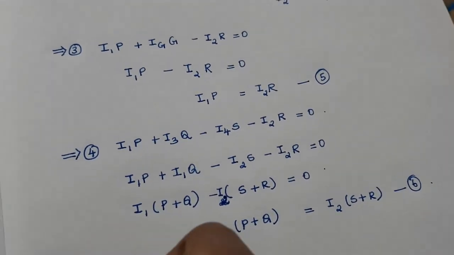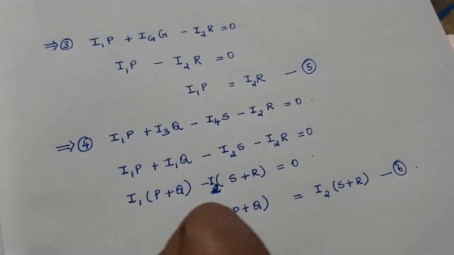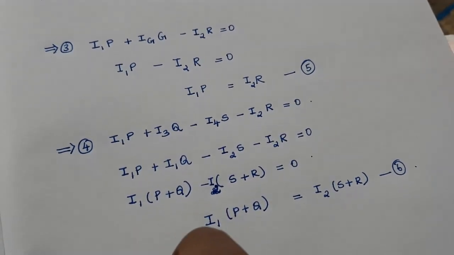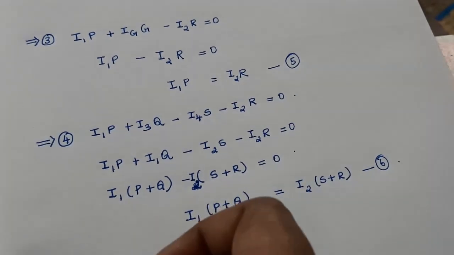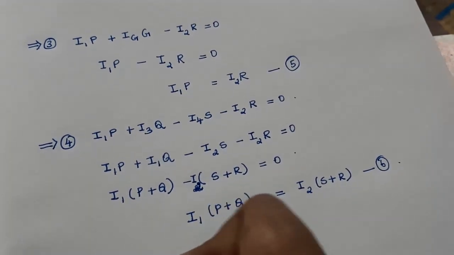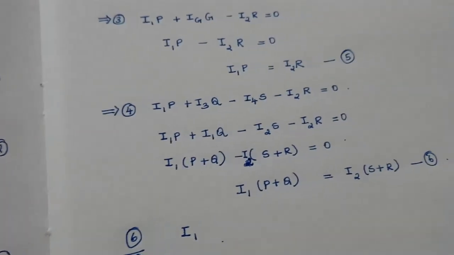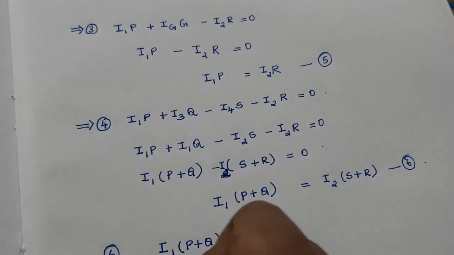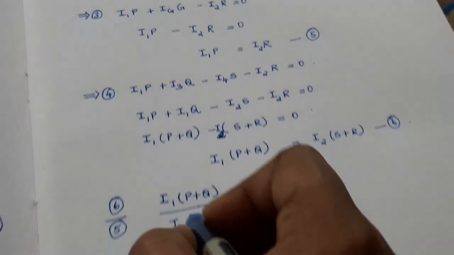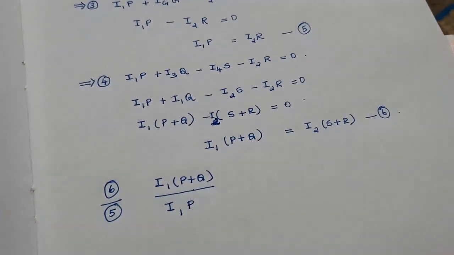Now let us divide equation 6 by 5. If we divide, we will get I1 into P plus Q, the whole divided by I1P.